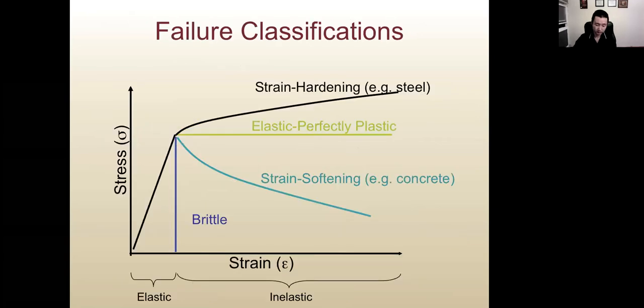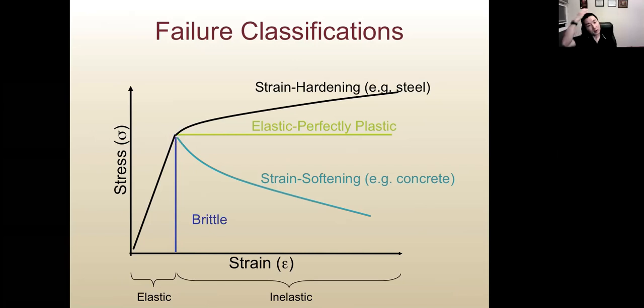So based on the failure mode, we could have these 4 classifications. For brittle materials, first of all, for all the materials, they have elastic region at the beginning. But for brittle materials, after the elastic region, there's no inelastic region. There's a sudden failure at the end of the elastic region for brittle materials such as glass.